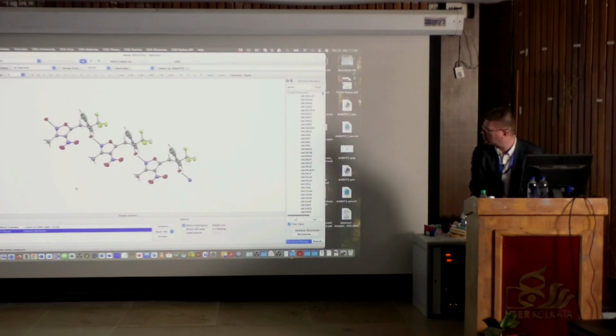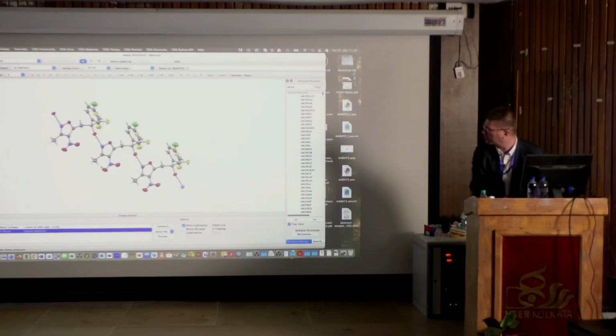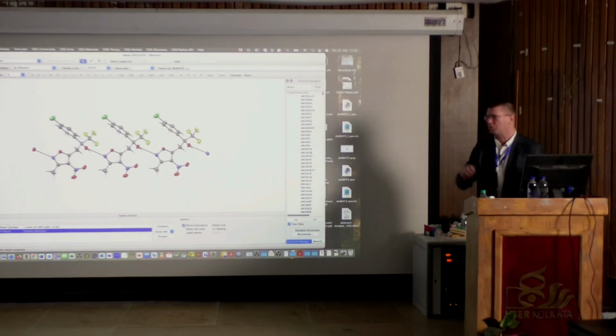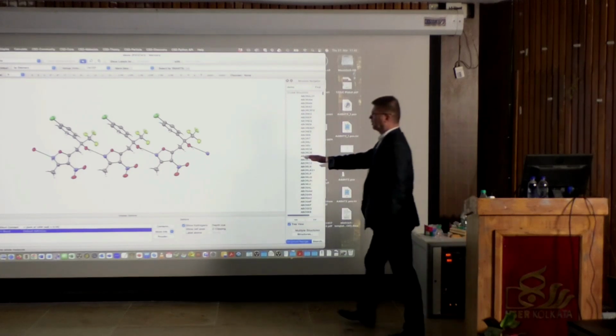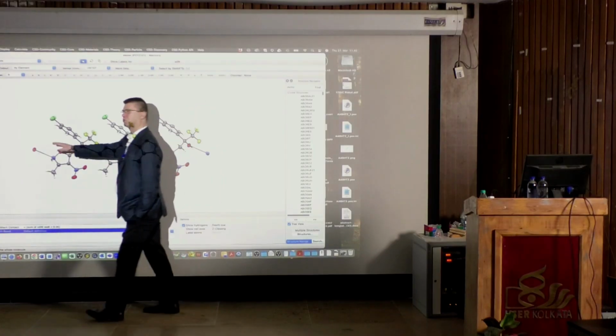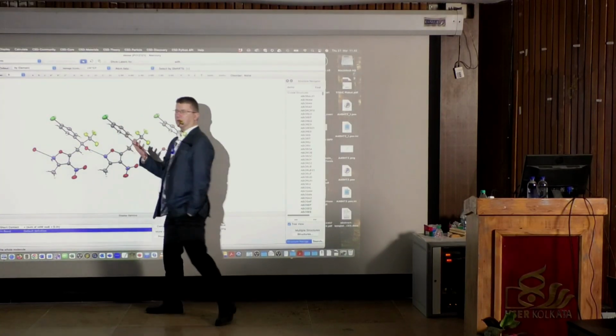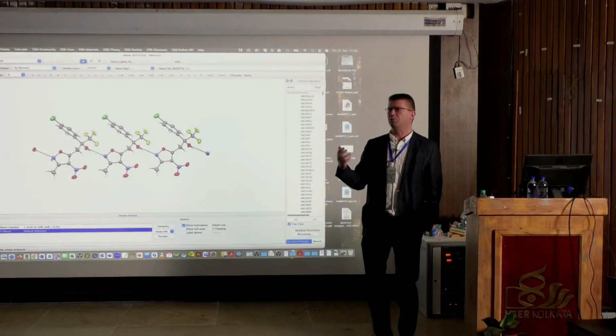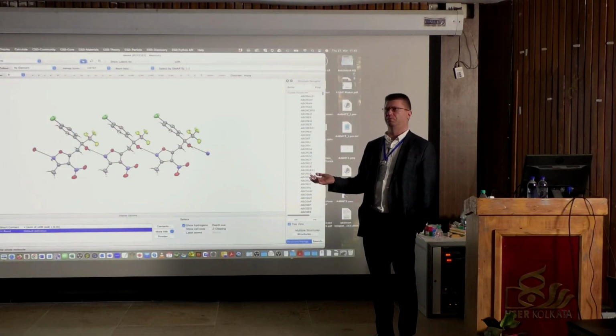Now if I rotate this in this way, you can see that there's a chain. The molecules are bound to each other by this kind of a hydrogen bonded thing. So now we started seeing how the molecules are talking to each other.